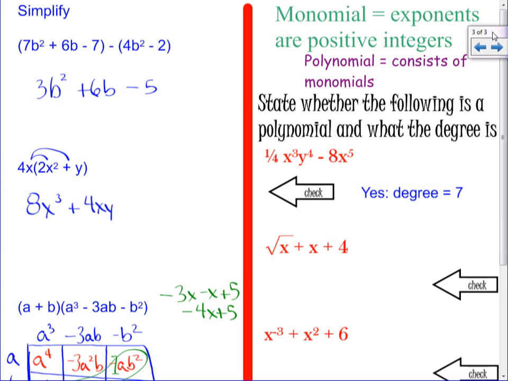Where did the 7 come from? X cubed plus x5? No. We have one term right here, and we have one term right here. Where did the 7 come from?